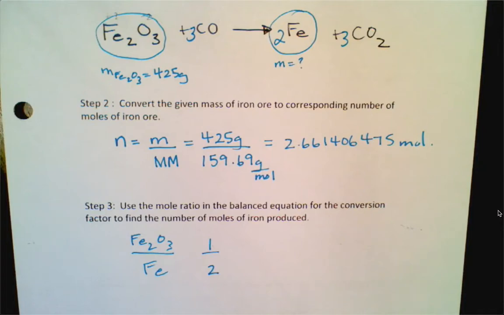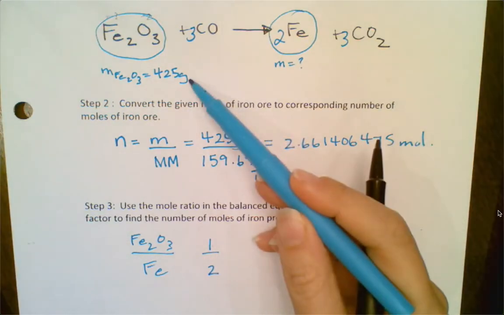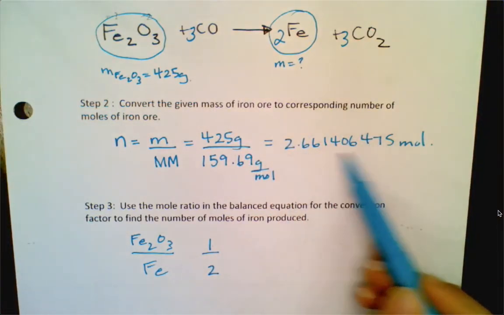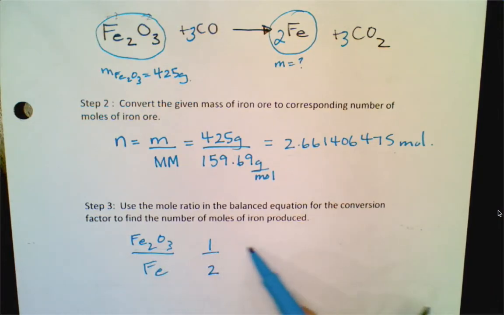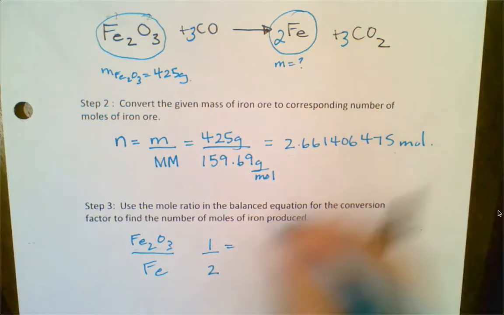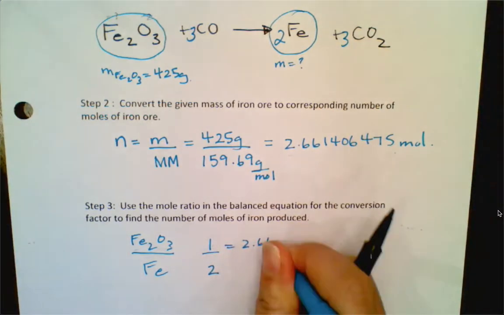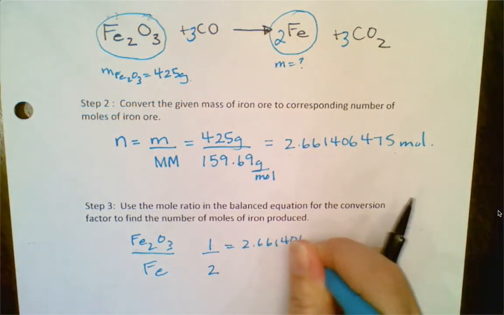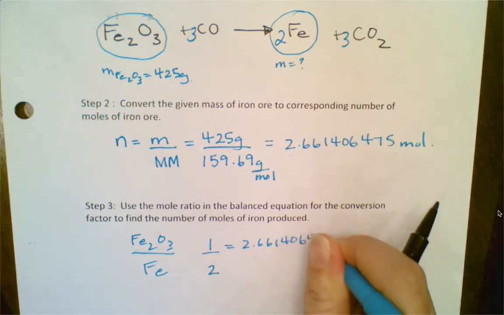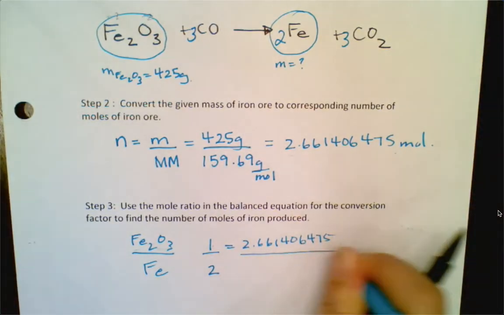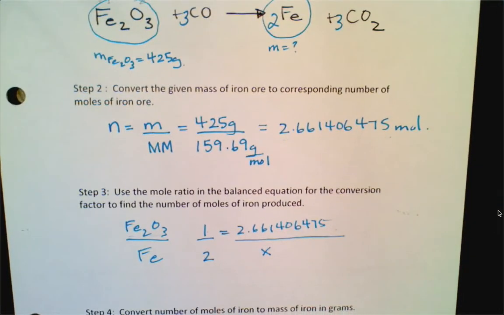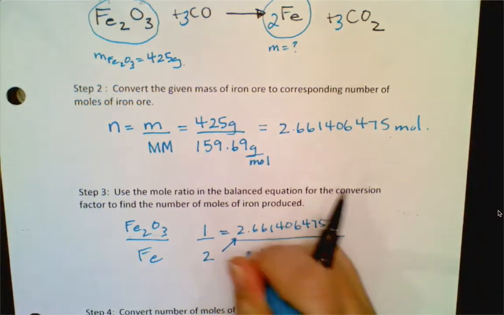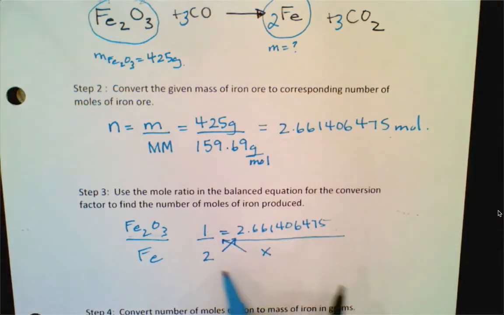I know that when I have 425 grams of iron 3 oxide, this is how many moles I actually have. Because I'm keeping that on the top as my numerator, I'm going to write out that value on the top. I want to know how many moles of iron I would be able to produce in that scenario. I do a little bit of cross multiplying right now to solve for X.